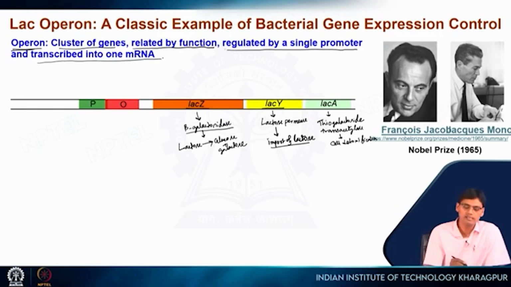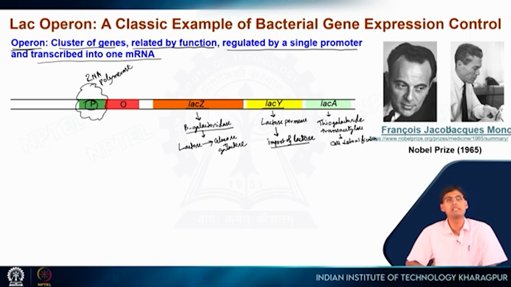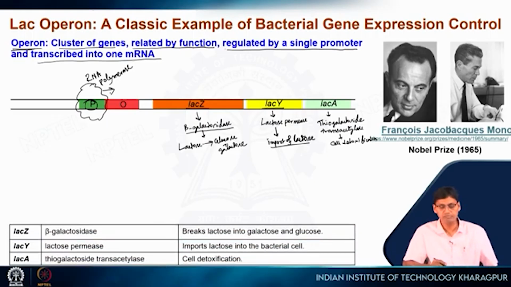So, what will happen? As you can see here, you have the promoter. As I already mentioned during the transcription lecture, that promoter will recruit the enzyme called RNA polymerase. Then RNA polymerase will move in this direction and make mRNA, right?